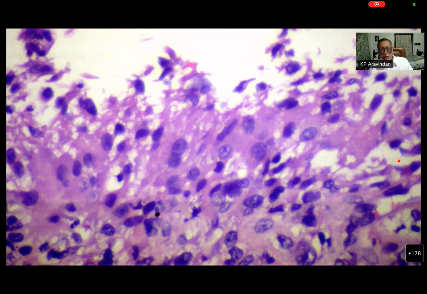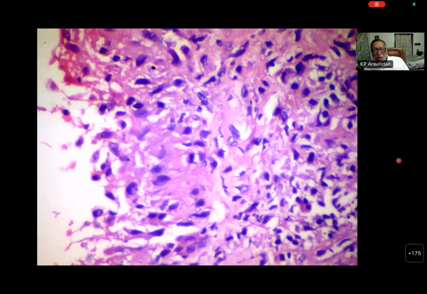So when you find something like this, what should be your impression basically? What are the possibilities you would think of? Sir, there aren't many eosinophils, no? No, sir. If eosinophils were also there, I would definitely think in terms of parasites. But in the absence of eosinophils, here in this case, what will you think?